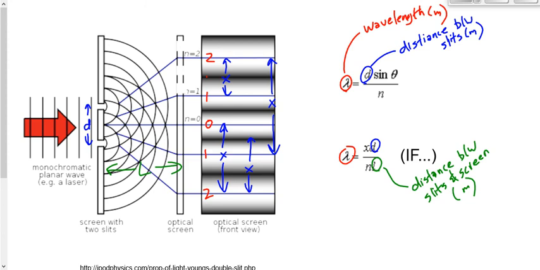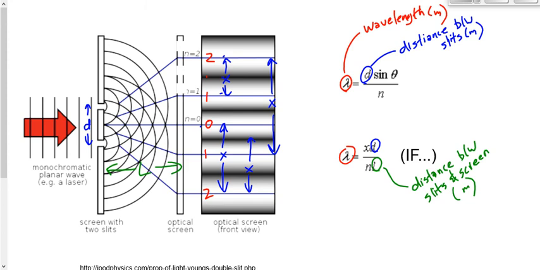So how is it that we're going to get the same answer if Joshua has X going from first to the second, but then John has X going from the central maximum to the second? How can they both get the same answer? Yep. N. Yeah, exactly. N has got to be consistent with it. So whatever you use for X, that's fine, as long as your value of N is consistent with it.